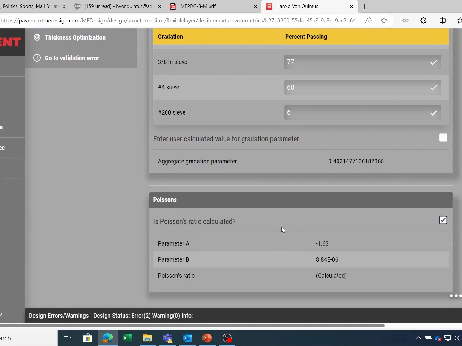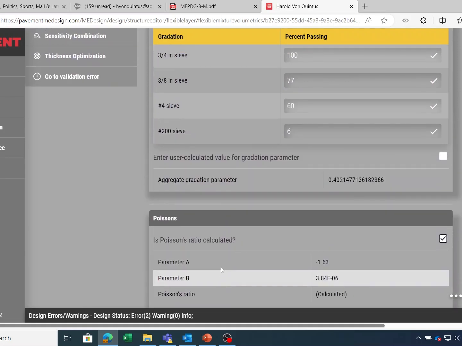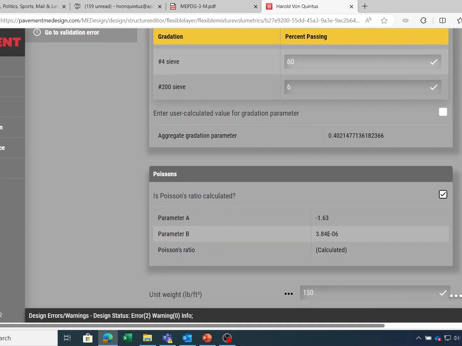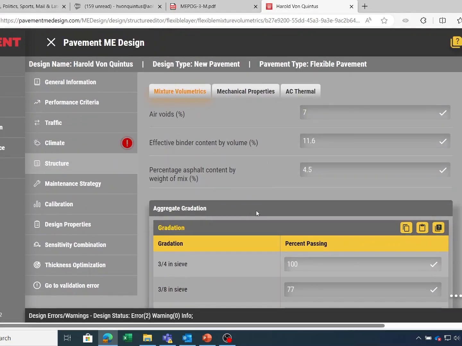Again, it's generally recommended that Poisson's ratio be calculated, but that should be consistent, as well as the use of the gradation parameter, with how the transfer functions were calibrated, and then entering the unit weight of the asphalt mixture.